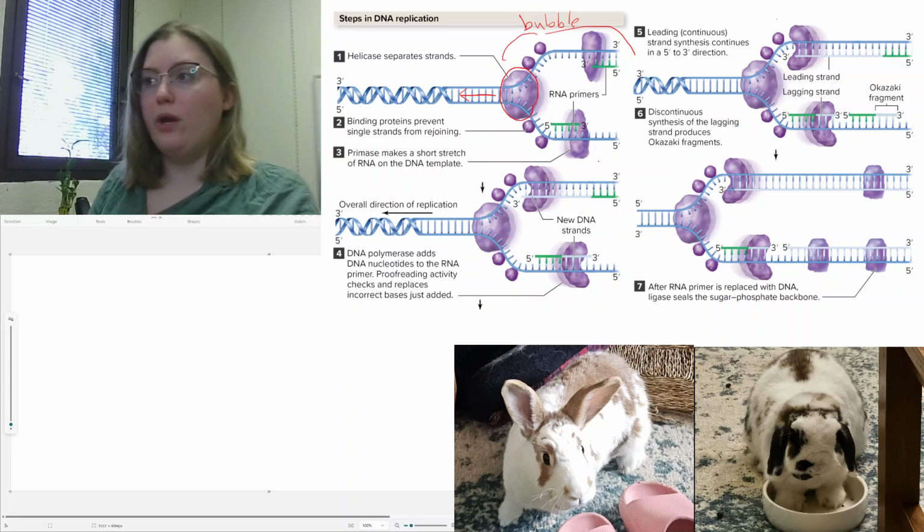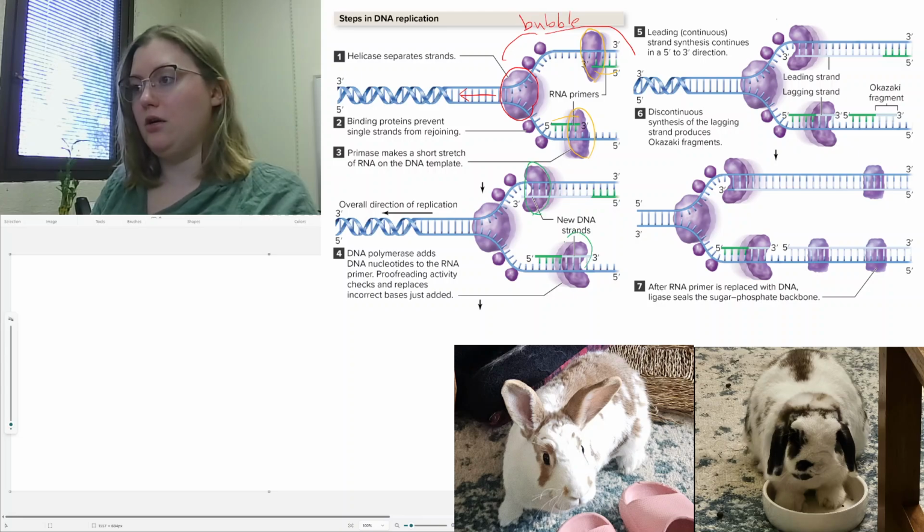Okay, at this point, our RNA primers are going to be added. That's the job of primase. So primase is here and here, and it is adding these short sections of RNA that are going to tell polymerase where to go. Next, we have polymerase. Polymerase is here and here.